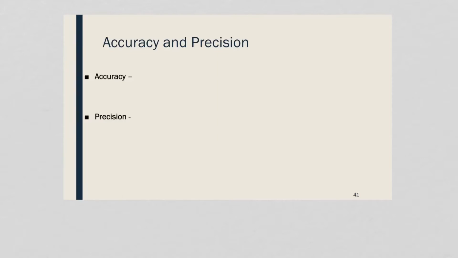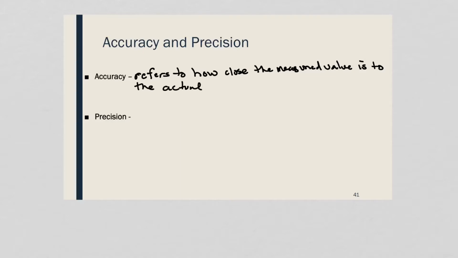So accuracy refers to how close the measured value is to the actual value or the true value. Right?